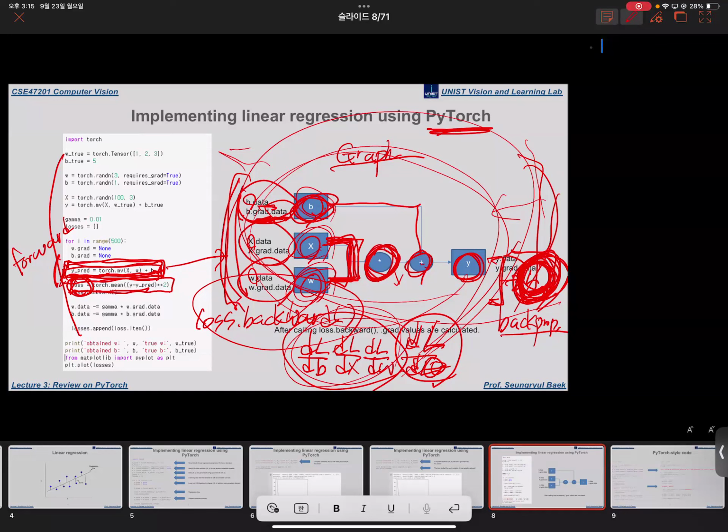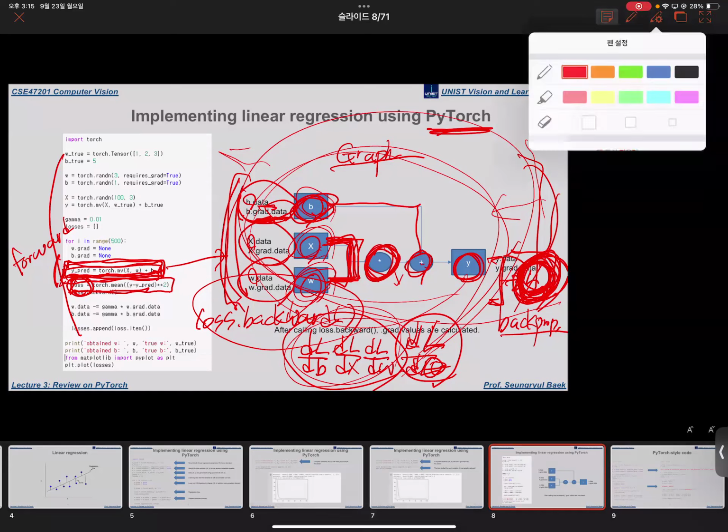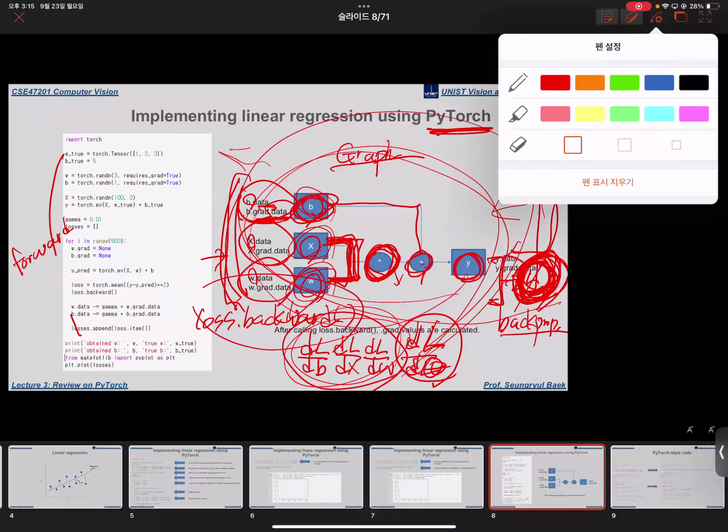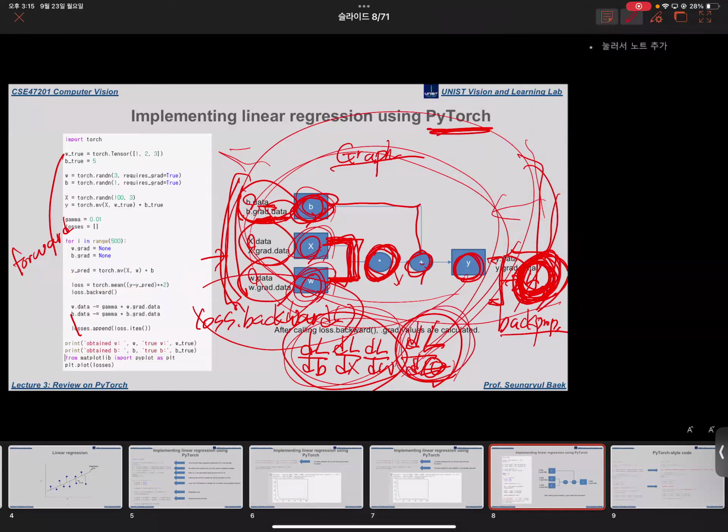So we can calculate this dL by calling loss dot backward, and then using that, we can update once. And later I will show you, this part is also simplified to optimizer dot step.